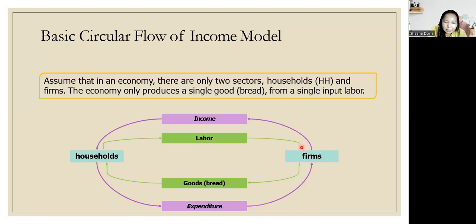Yung kinita ng firm, yung income niya, ay hindi lang nag-stay sa economy just because yung firm ay gumagastos naman para magbayad ng wages sa mga households natin. Kaya nga yung firms, yung income niya bumabalik lang din sa household.